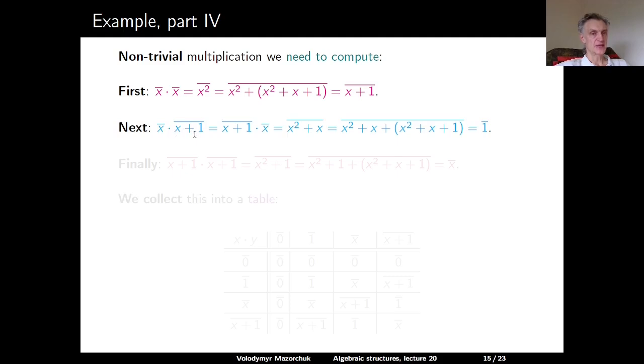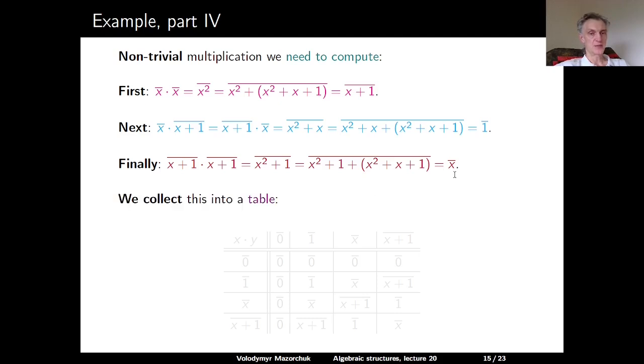Similarly, x times x plus 1, that's the same as x plus 1 times x, that's the class of x squared plus x, and correcting modulo the ideal, we see that x squared plus x squared plus x plus 1 is equal to 1. And finally, x plus 1 times x plus 1, that's of course x squared plus 1 because 2x is 0, and then again adding the generating polynomial of the ideal, we get x.